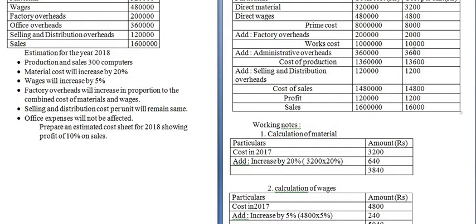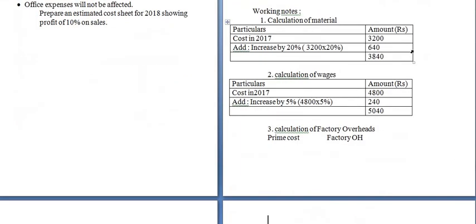Prime cost is 8,000, factory overheads is 2,000. Remember this? Okay, now when prime cost is 8,000 in the year 2017, factory overheads is 2,000. So as per our cost sheet in the year 2017, this we have got.